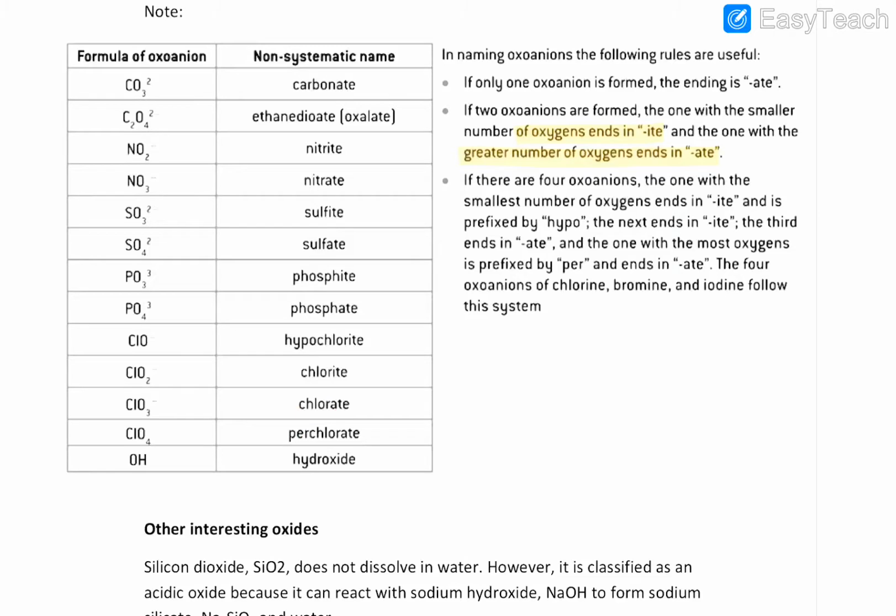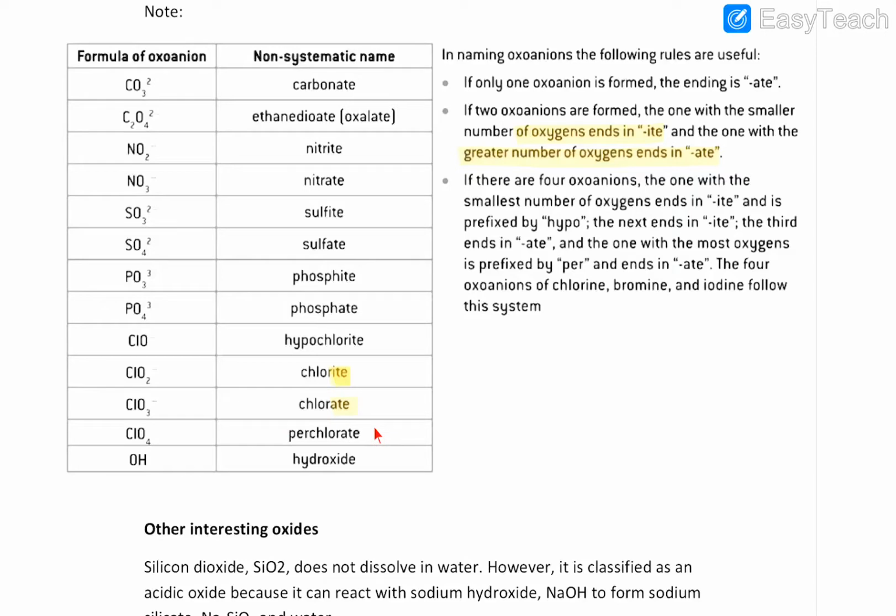So if you'd like to remember the naming, let's look at the middle two. The middle one that has the smaller number of oxygen ends with -ite, the larger number of oxygen ends with -ate. If it has one oxygen less, then hypo-ite, and if one oxygen more, per-ate.